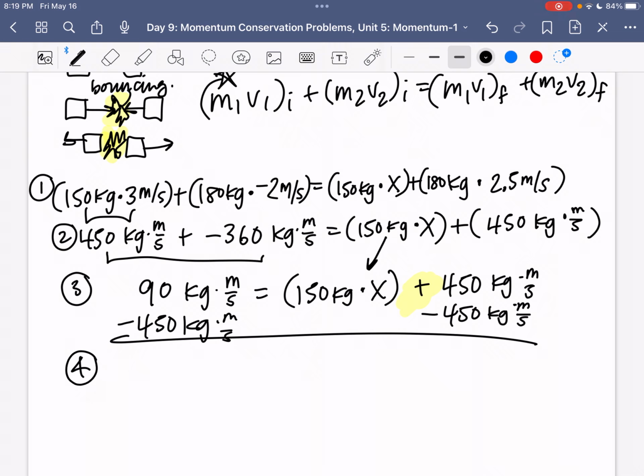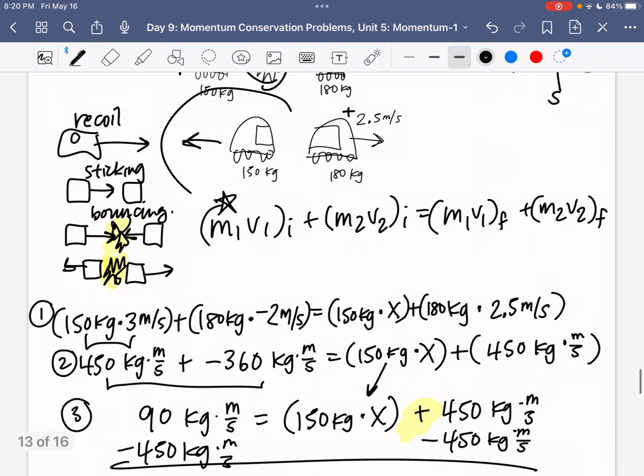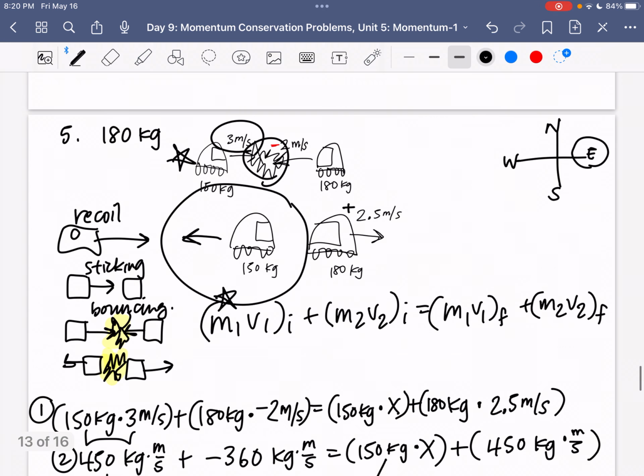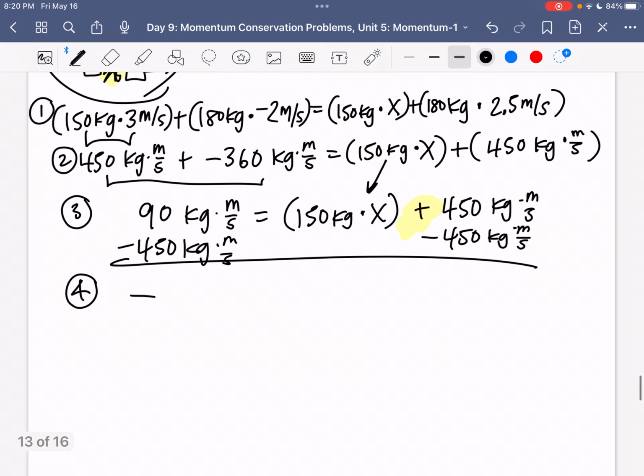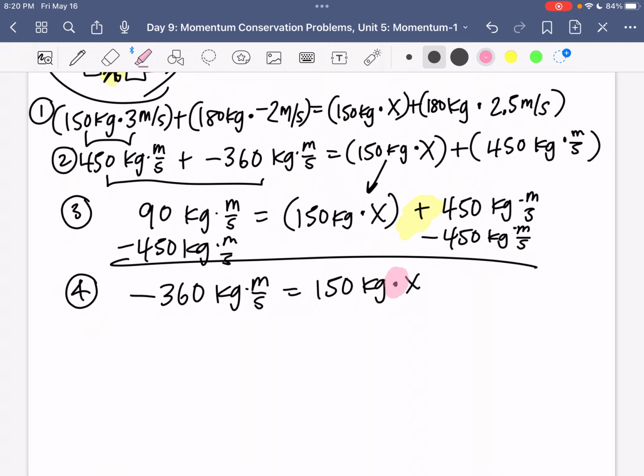And it makes sense that this number would be negative because it's going this way, because they're bouncing off of each other. So negative 360 kilograms times meters per second is equal to 150 kilograms times x. Now because these are attached by a times, the opposite of multiplication is to divide, right?